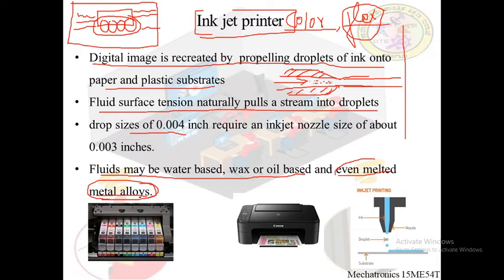The nozzles are mounted about 1 millimeter above the paper, and the ink ejection velocity ranges from 5 to 10 meters per second.